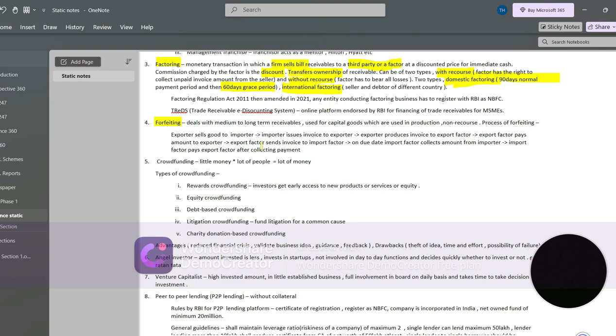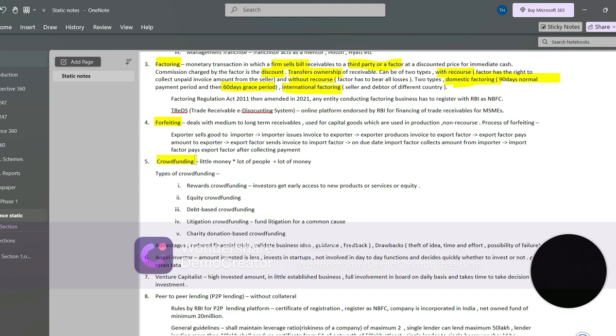Now the export factor has the invoice and they send the invoice to the import factor. On due date, the import factor collects the amount from the importer and then pays the export factor after collecting the payment. Now, this is the whole process.